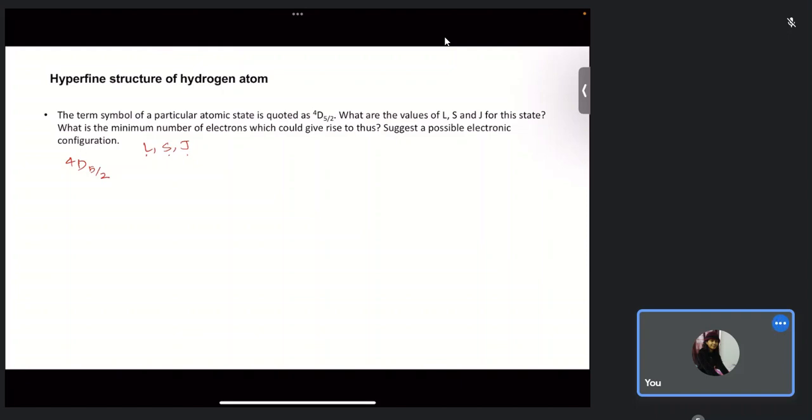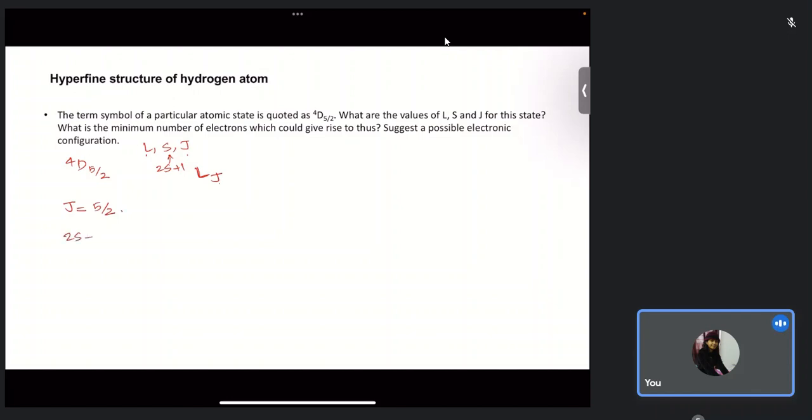The term symbol is given as 2S plus 1, L, J. J associated with this is going to be 5 by 2.